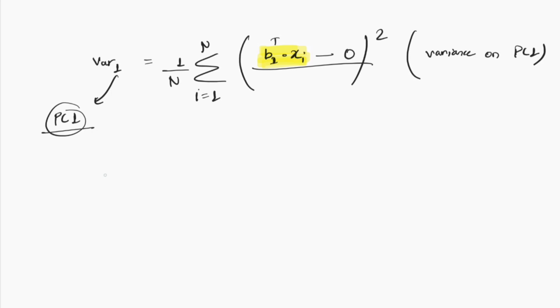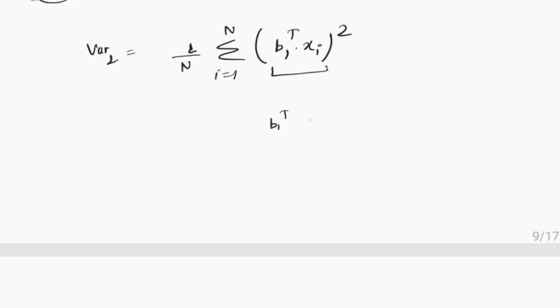So we can further simplify this and write it as 1 by n, summation goes from 1 to n. Now b1t is nothing but a vector of 1 cross d dimension, and xi is a vector with 1 cross d dimension.